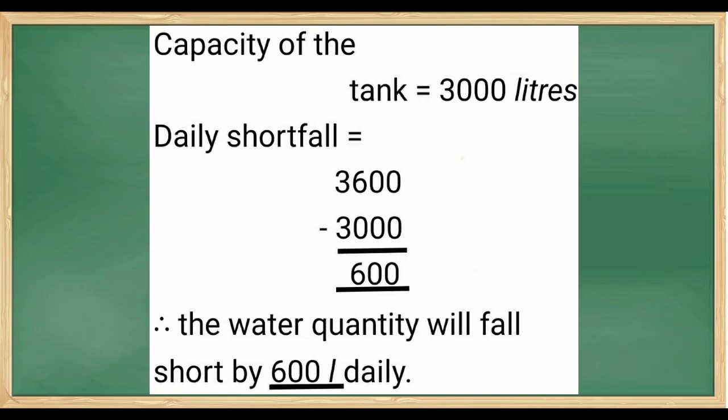Now, the total consumption, that is 3600 liters, is more than the capacity of the tank, which is 3000 liters. Thus, to find out the daily shortfall, we shall subtract 3000 from 3600 to get the difference of 600 liters. Therefore, the water quantity will fall short by 600 liters daily.